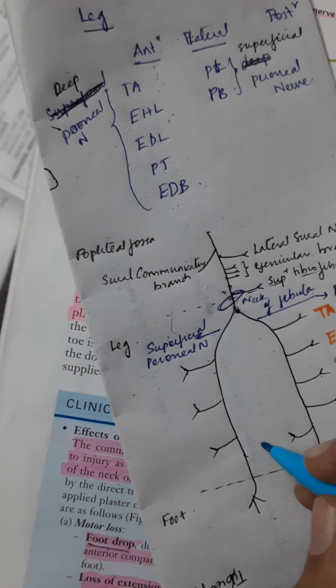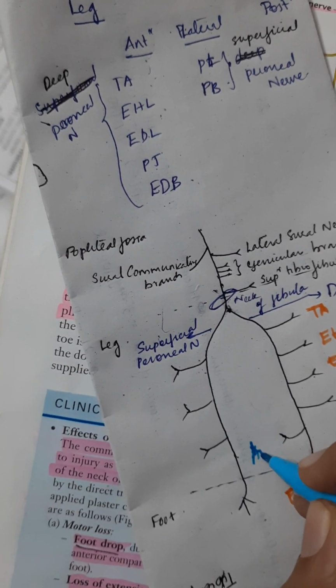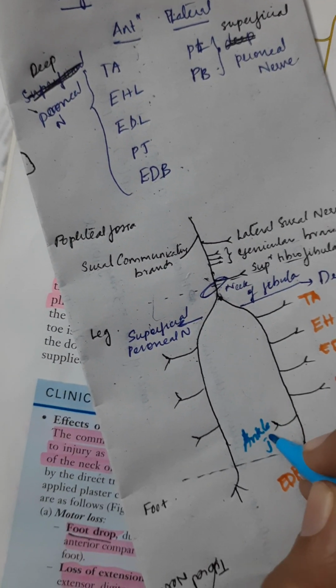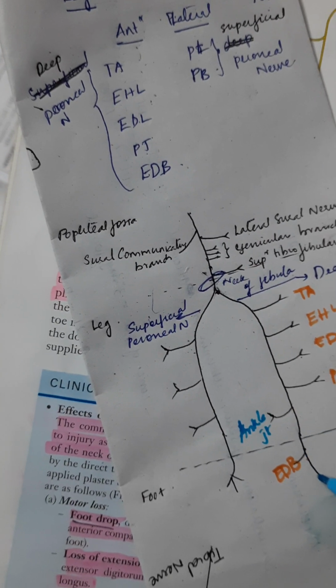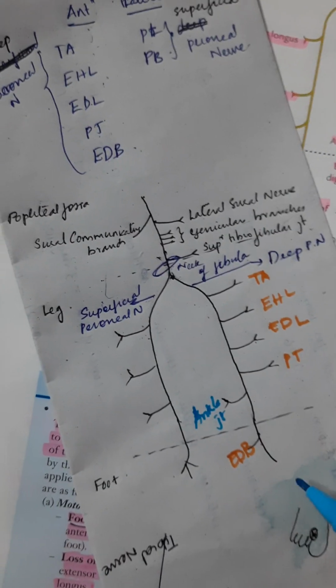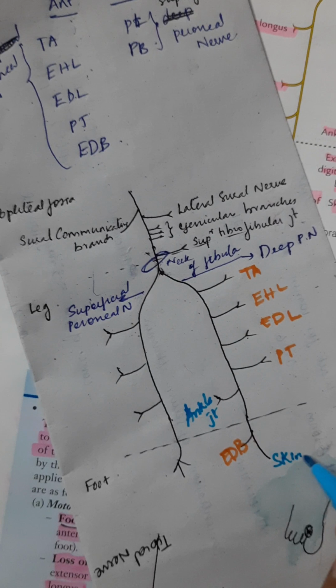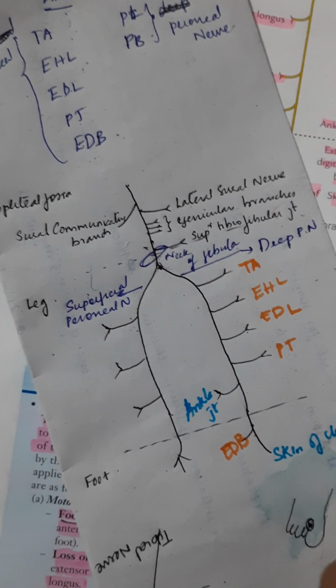It has an articular branch which supplies the ankle joint, and it gives sensory supply to the skin of the cleft between first and second toes.